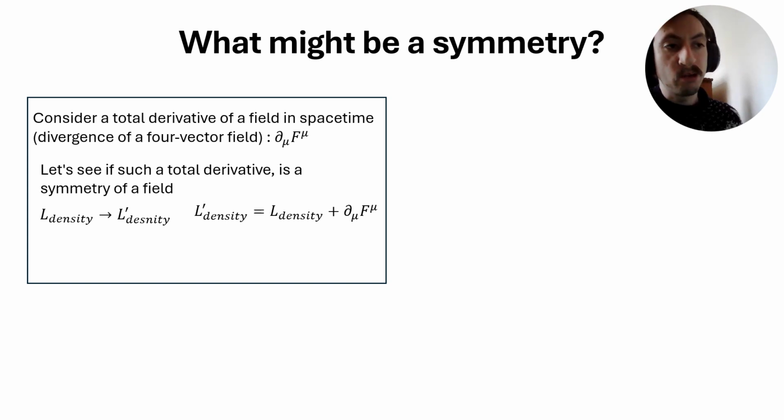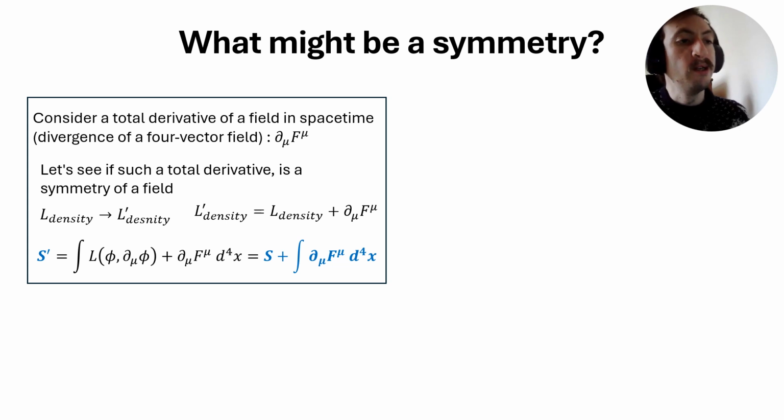But if we're going to show that's true, we need an explicit equation for our new Lagrangian density, which is just the old Lagrangian density plus the divergence of our vector field F. And using that, we get that the new action is the old action plus the integral of the divergence of our vector field F integrated over space-time.